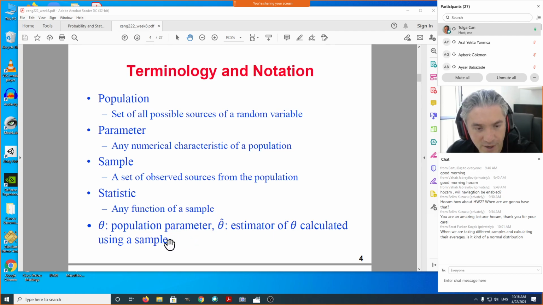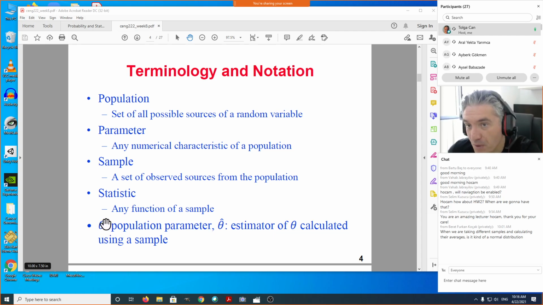Usually the way we indicate these things is with this theta, which you're going to see a lot. It's used as a generic variable to indicate any parameter. So let me write it here. Sometimes theta will be mu, the mean. Sometimes it's going to be sigma, the standard deviation.